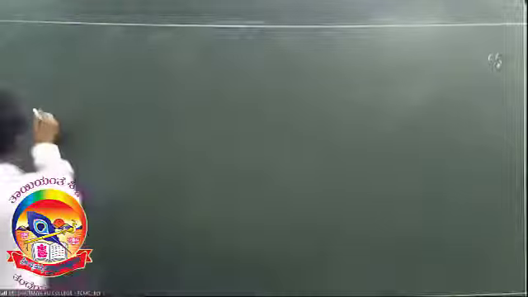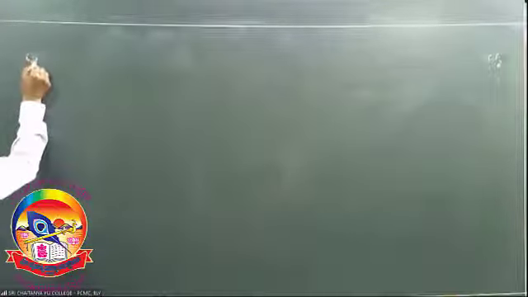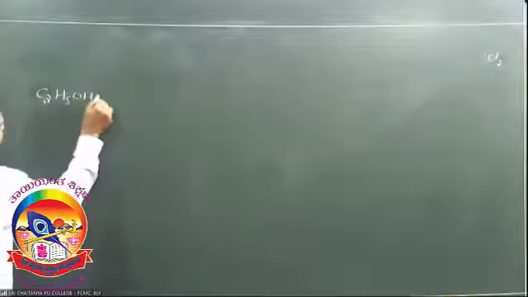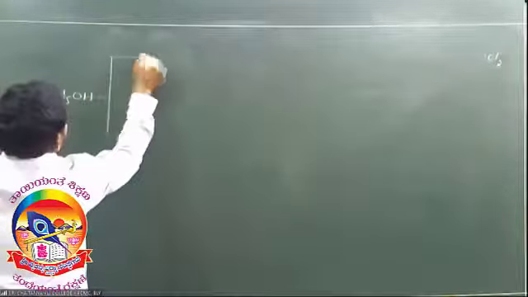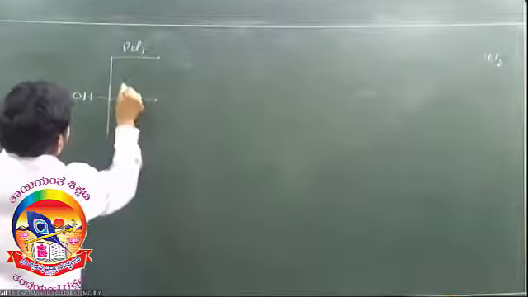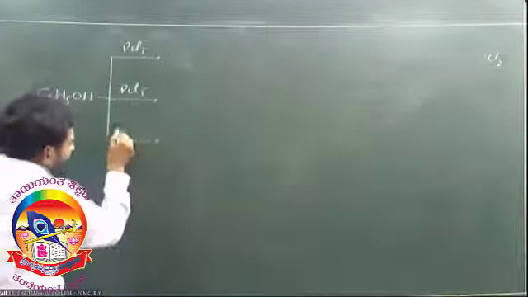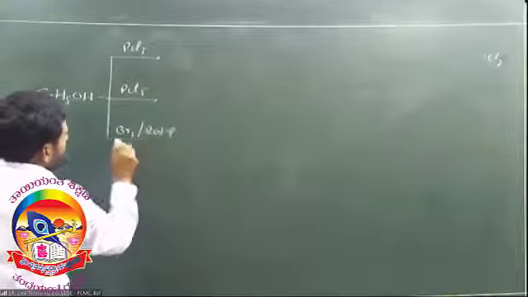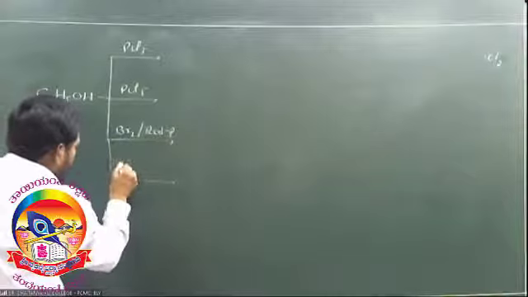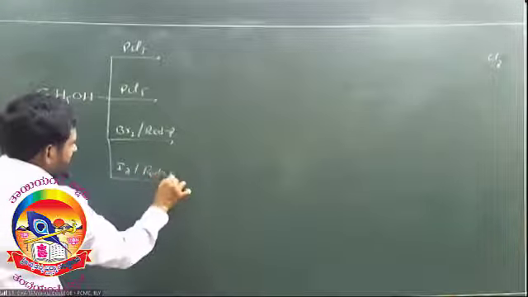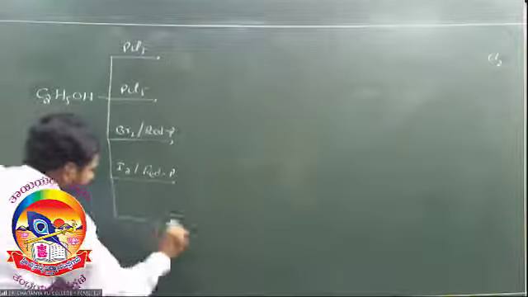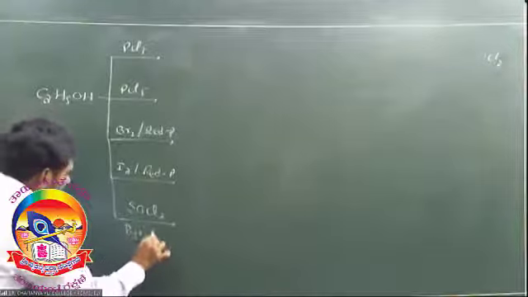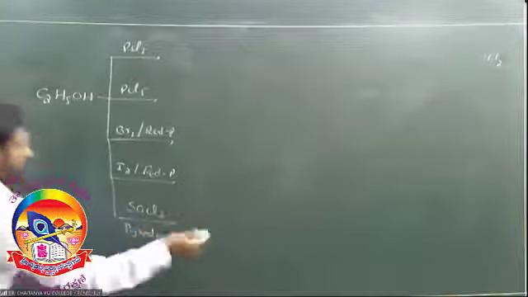For example, ethyl alcohol, C2H5OH, is treated with PCl3, or with PCl5, or with bromine and red phosphorus, or with iodine and red phosphorus, or with SOCl2 in the presence of pyridine, C5H5N.